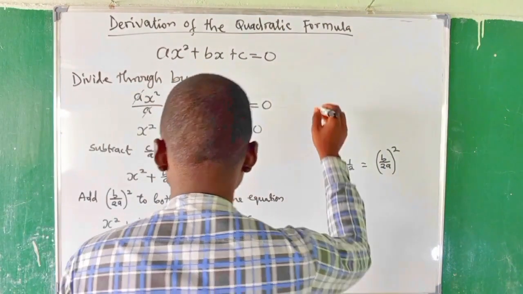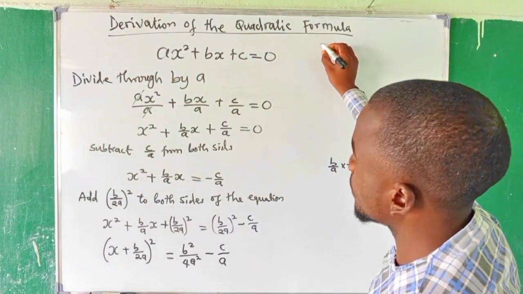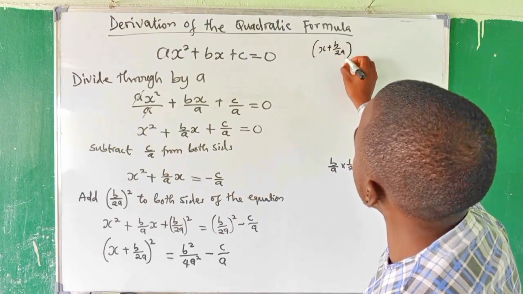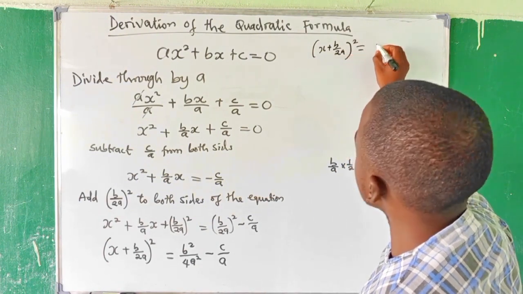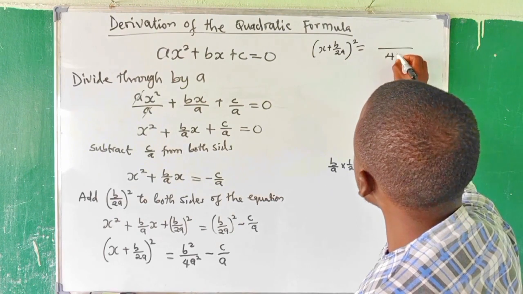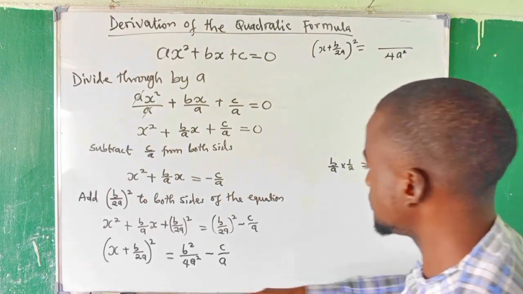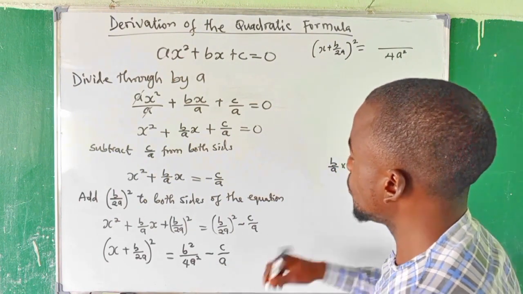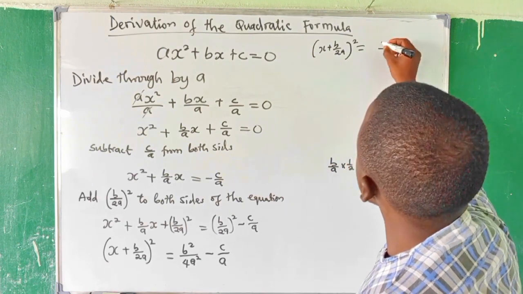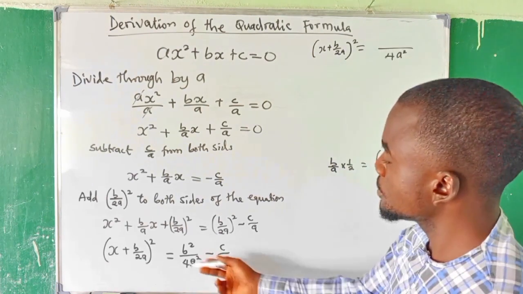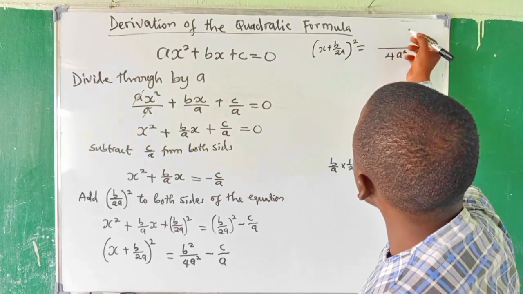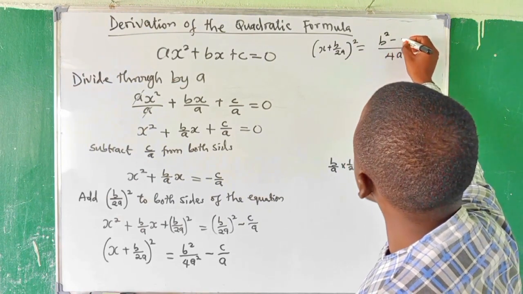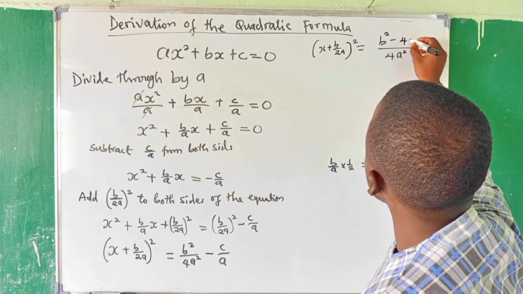That will give us x plus b all over 2a all squared is equals to, over 4a squared, which is the lowest common multiple of the denominators, which is the LCM of the denominators. Now up here we have b squared minus 4ac.